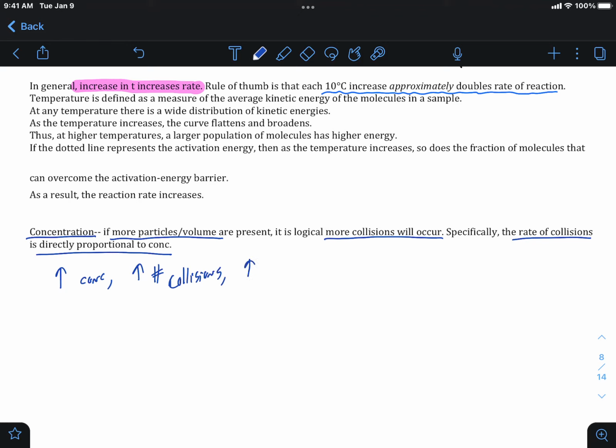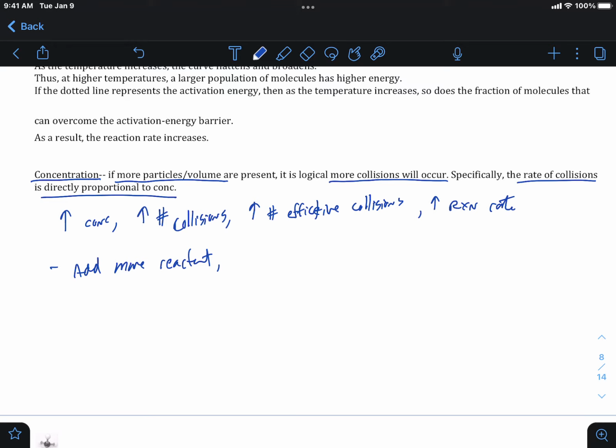What are some ways that we can increase the concentration? Well, literally, we can add more reactant. What's another way of increasing the concentration? I guess you can evaporate water from a solution. Reduce the volume.